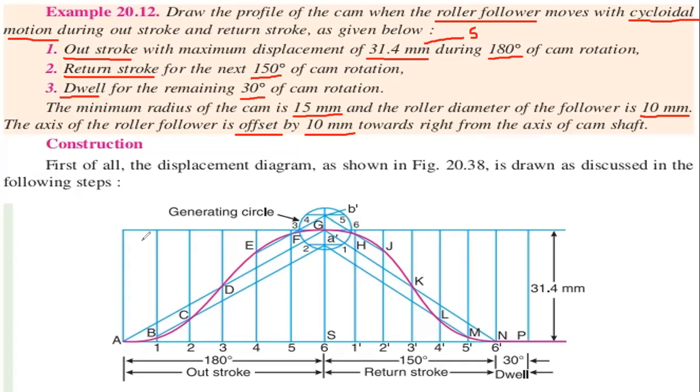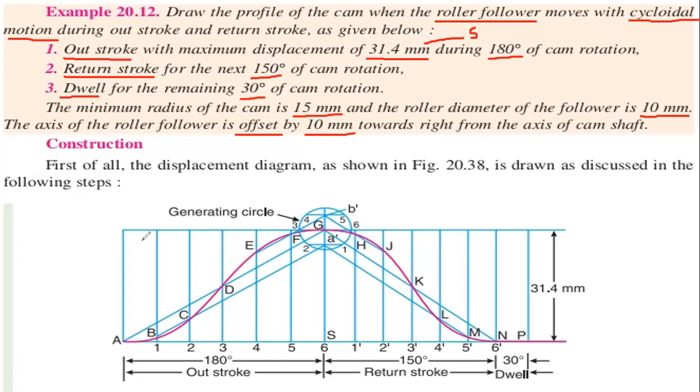We have to scale the 360 degrees to a length, and we can take any suitable scale. I'm taking 1 centimeter equal to 10 degrees. In total, 360 degrees is taken as 36 centimeters in length, because this is usually drawn on a chart.